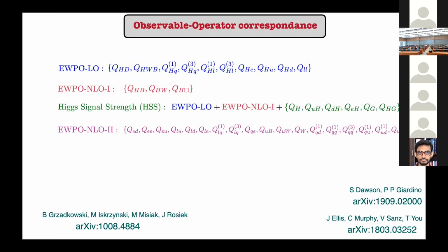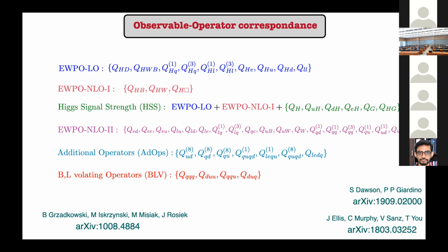Looking into this set, you can identify how this operator set, or the particular UV theory, will respond to different low energy observables. And sometimes you get some additional operators which are named add ops. These are certainly not affecting these observables, but they may be involved in other observables if you can design them. And on top of that, you may focus on the baryon number violating operators, which can lead to different kinds of lepton processes as well.